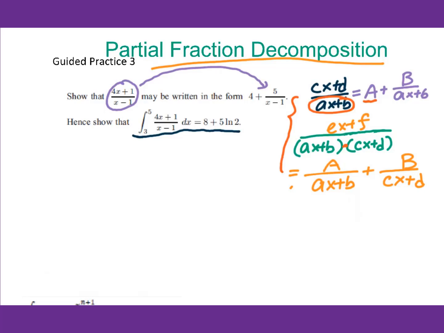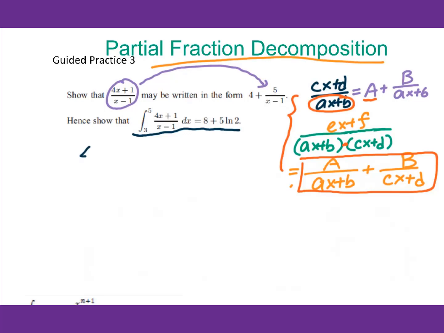Then you will set up like this to figure out the partial fraction decomposition. Therefore, for (4x plus 1) over (x minus 1), you will get a plus b over (x minus 1).